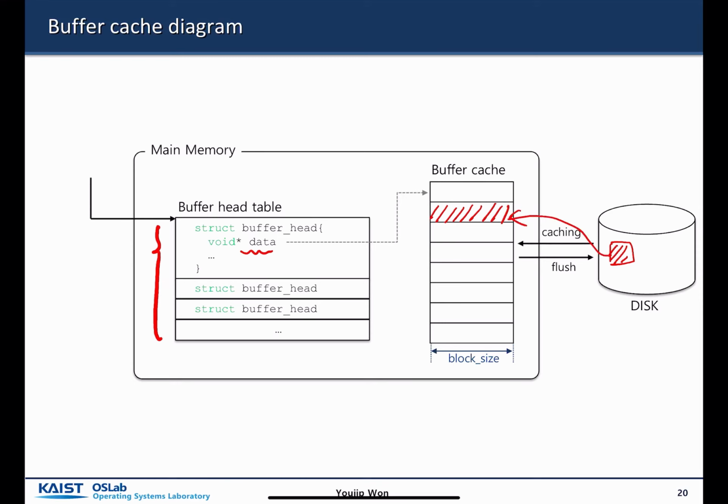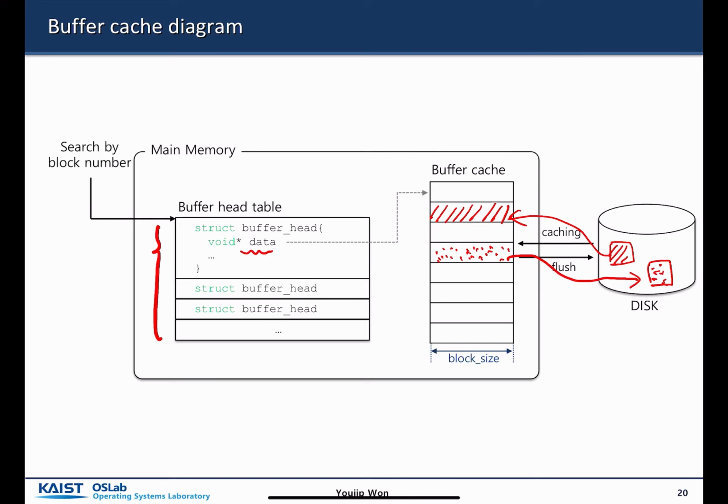And when some of the buffer cache is updated after it has been read from the disk, then you have to synchronize the contents of the buffer cache back to the place where it belongs. That is called flush. Okay, this is the entire diagram for the buffer cache data structure, and this is the one you have to implement.